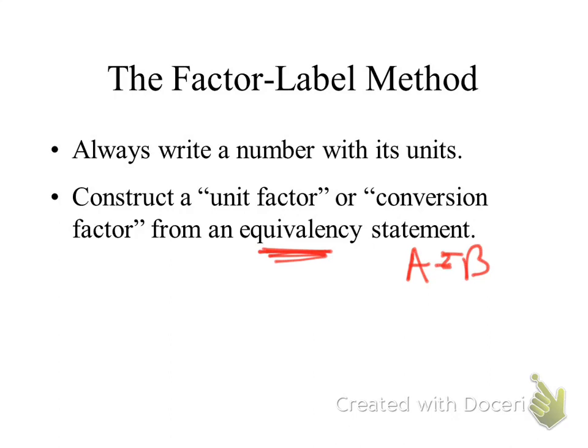If those 2 quantities are equal, then I could come up with a ratio. My 2 unit factors are A over B or B over A. Equivalency statements are like little ratios to use at our will.